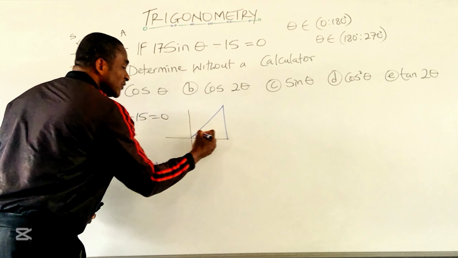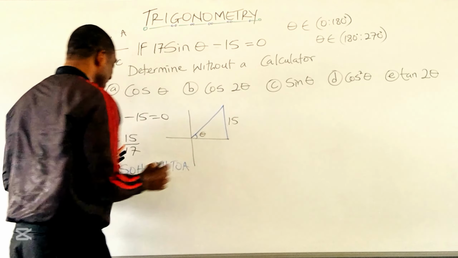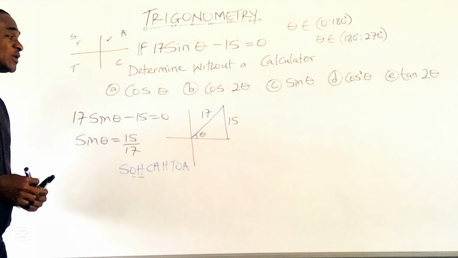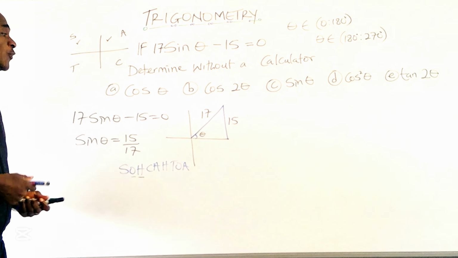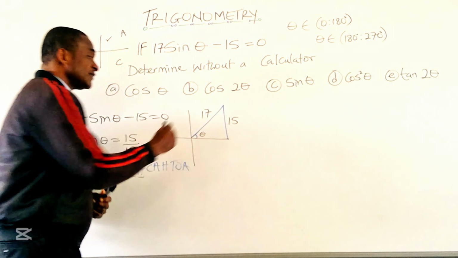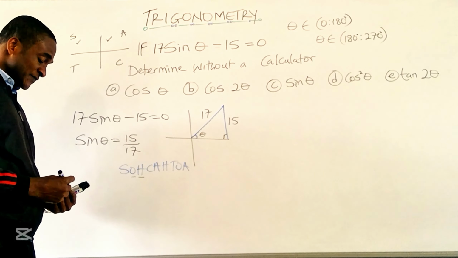So if we have angle theta, the opposite of angle theta is 15, and the hypotenuse is 17. And that is what represents sine. So we need to get the other side of the triangle to complete our right-angled triangle.